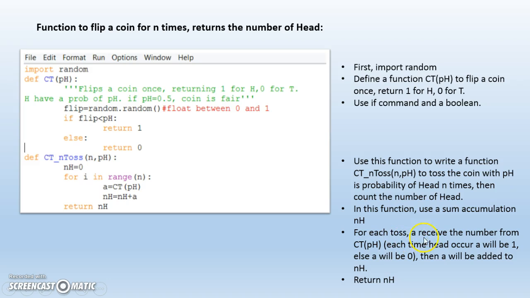For each toss, A will receive the result returned by ctph above. Each time a head occurs, A will be 1; if a tail occurs, A will be 0. Then A will be added to the sum accumulation nh. After the loop is done, we get the total times that the head occurred when we toss the coin n times, and the function will return the number of heads, which is nh.